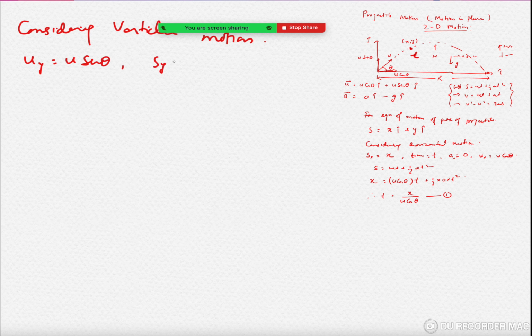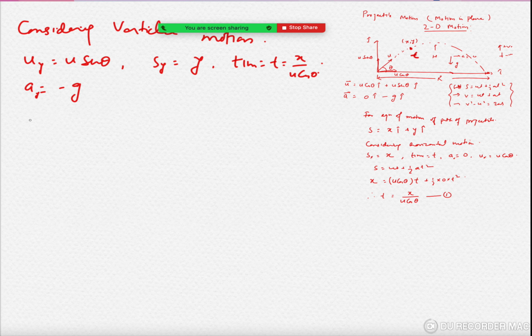Displacement sy is y. Time taken is t, which we have already found in equation 1, so we'll use this value, which is x by u cos theta. Fine. And acceleration in the y direction is minus g. We have already written that.